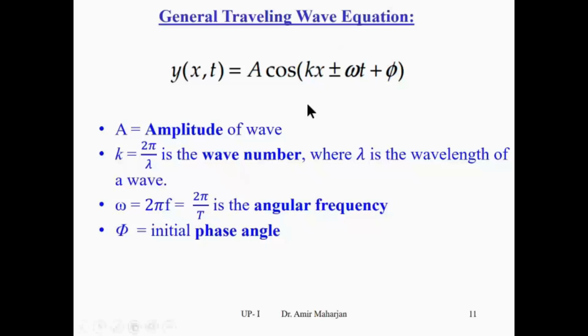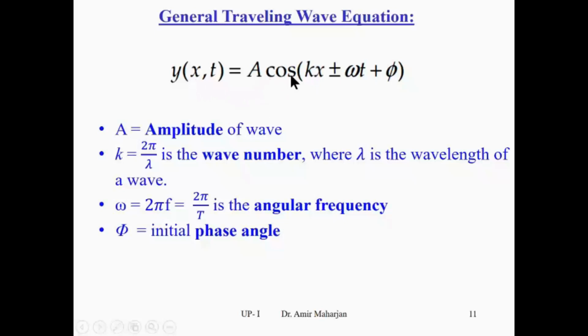Here's the equation we'll be using to represent the traveling wave. y is the displacement for a given wave. It's a function of both distance x and time t, not just a function of t, unlike a simple harmonic oscillator.